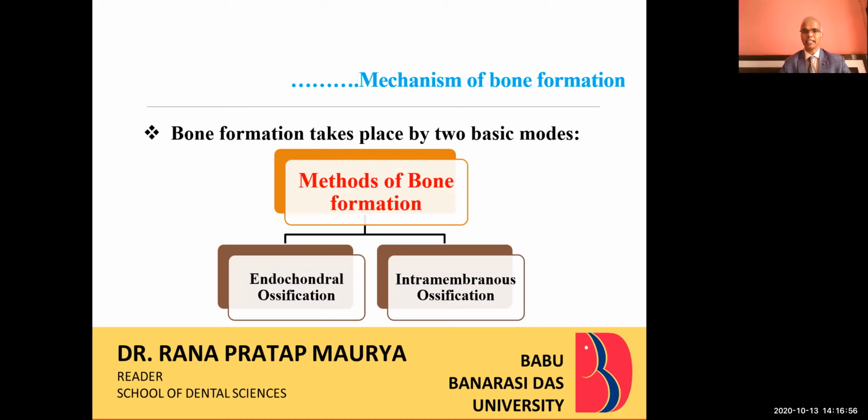Bone formation takes place by two basic modes. One is endochondral ossification, which requires templates of hyaline cartilage and then converts it into bone. And second is intramembranous ossification, meaning direct formation of intramembranous bone: first woven bone, then hard and lamellar bone.